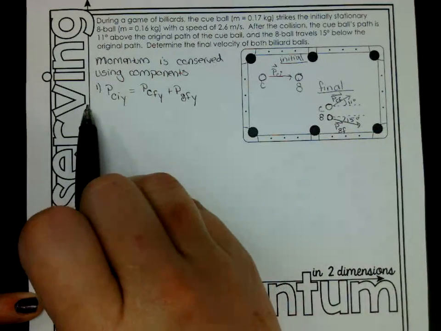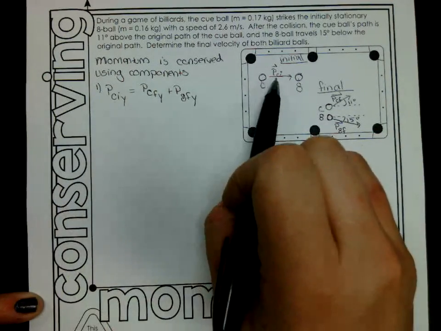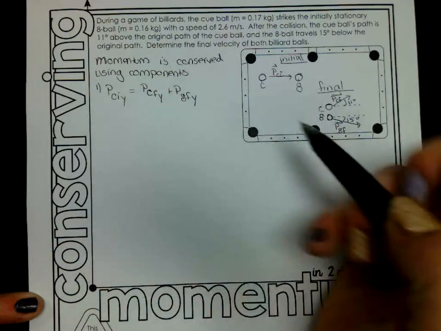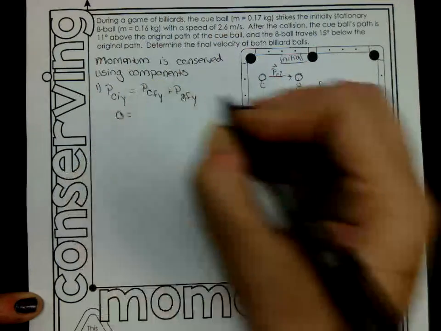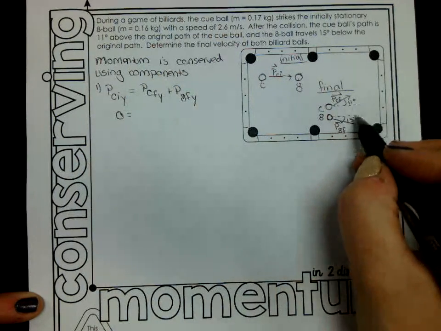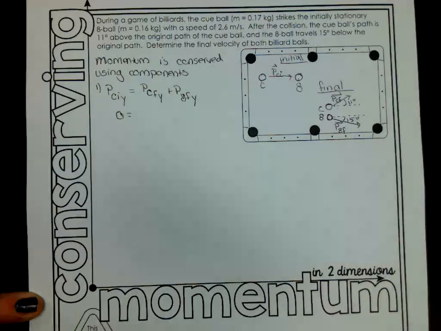The momentum of the cue ball initial y is 0. It's only in the x direction. So I'm going to put 0 here.